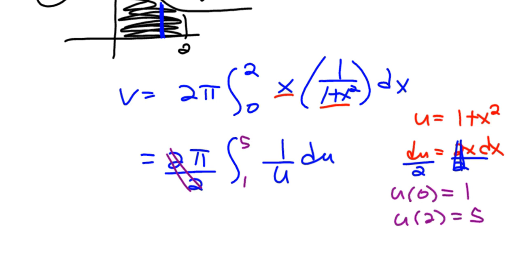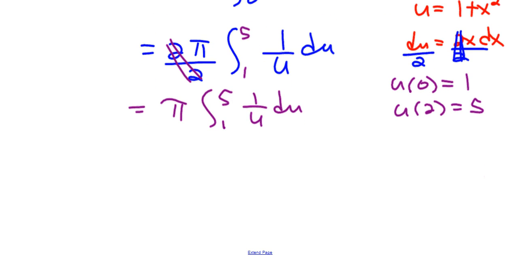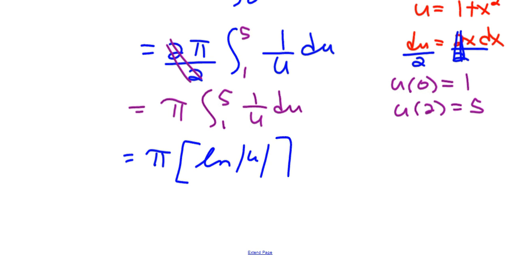This then reduces. So my integration will be of this, and we can go ahead and evaluate it. We have to remember that the antiderivative of 1 over u is ln of the absolute value of u, and we're going to evaluate it from 1 to 5.